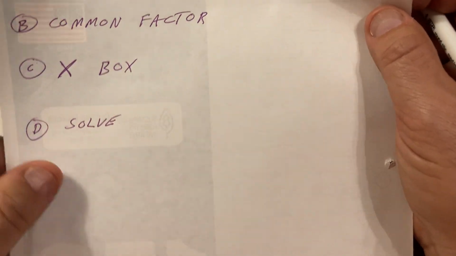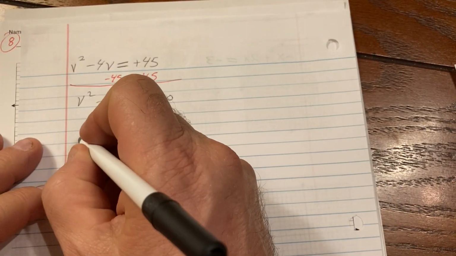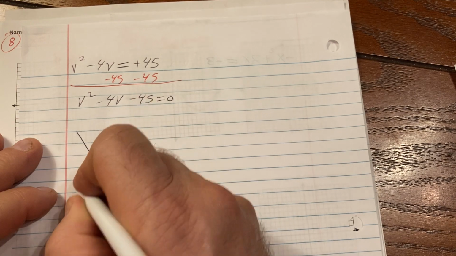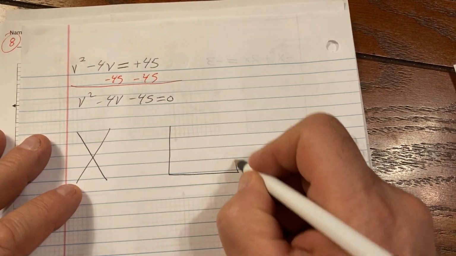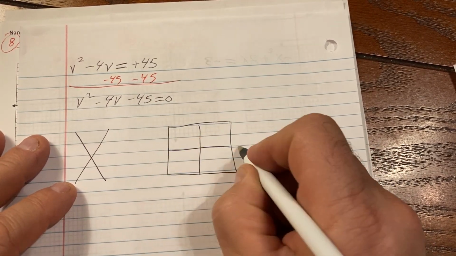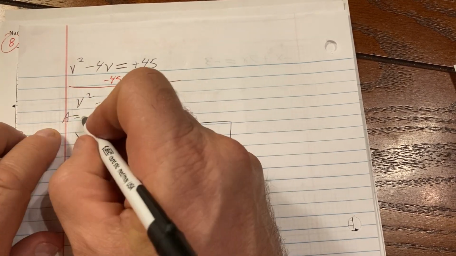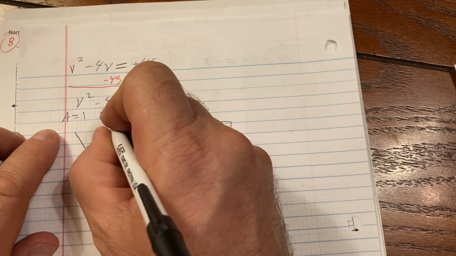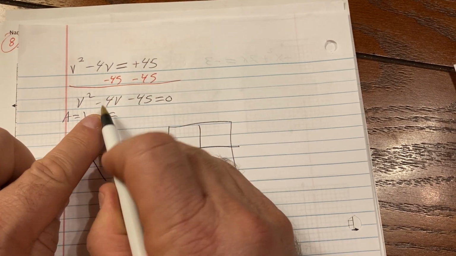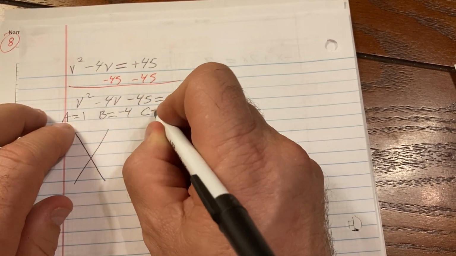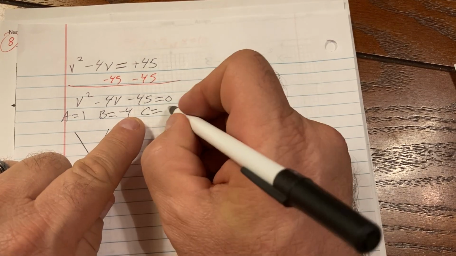Step C, X box. Make my box. Okay, A has a value of 1, B has a value of -4, C has a value of -45.